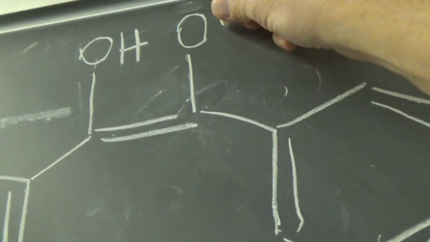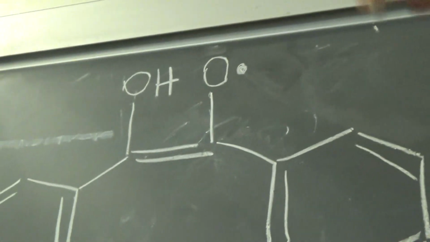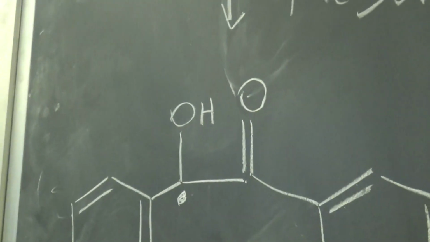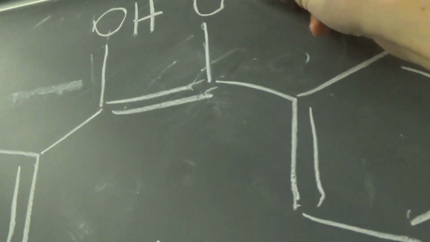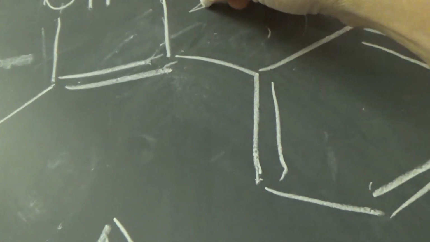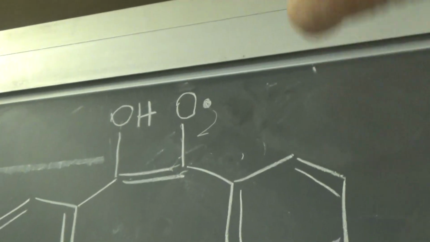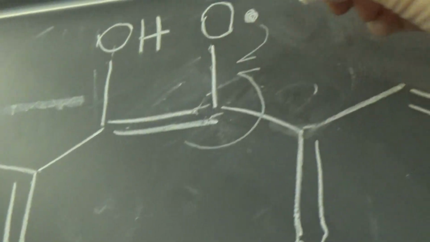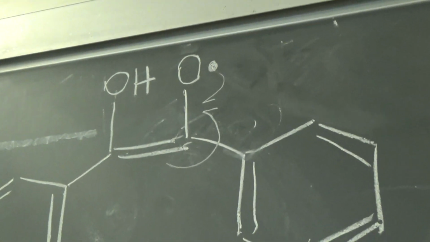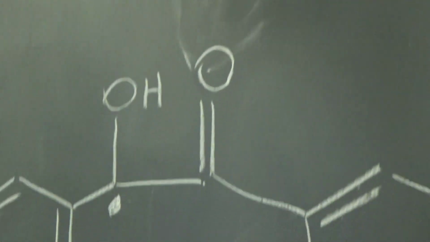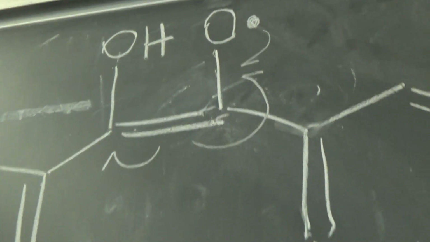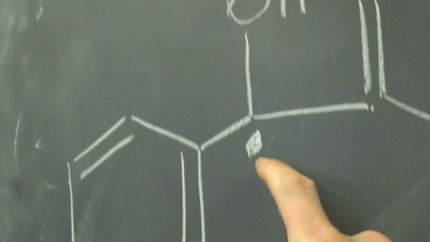We draw a fish hook to show the radical go down, and this has a fish hook that goes up, and that creates a double bond. That makes a ketone, which you see right there. Then another fish hook goes there, which creates the radical, and we see how that radical is formed.